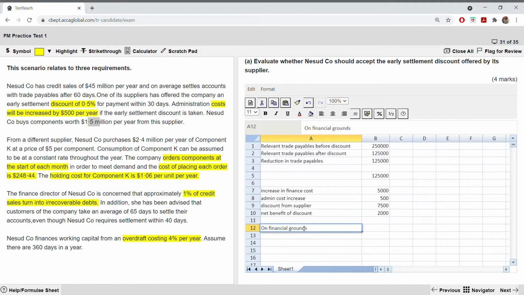Because this question we just did on calculation, there are no other non-financial factors. So you write: on financial grounds the company, Nesut, should accept. They should definitely accept because it's 2000. The benefit is more than the cost. Should accept the supplier's early discount offer.